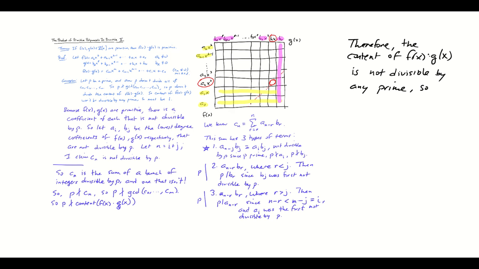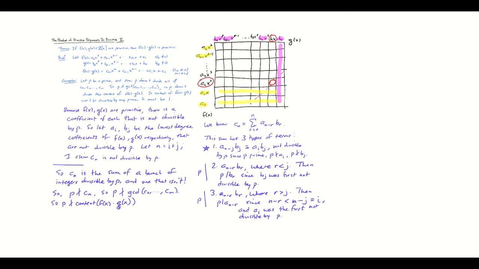So it must be 1. Thus, f of x times g of x is primitive.